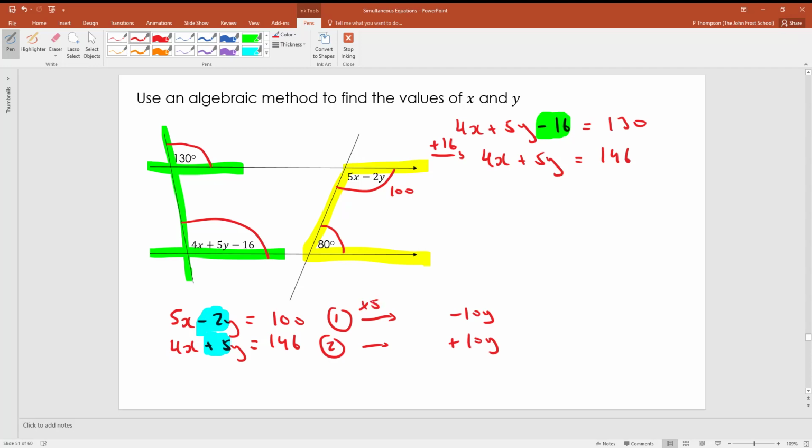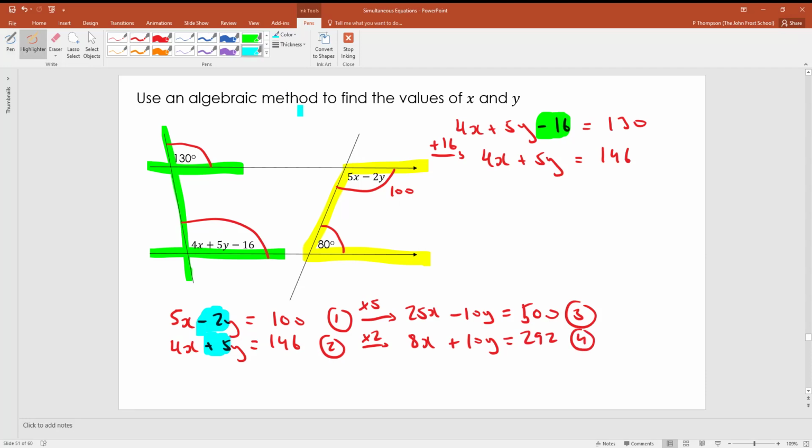Times the top one by 5, because 2 times 5 is 10. So 25x minus 10y is 500, sorry, call that equation 3. This one, 5 times 2 is 10. So 8x plus 10y would be 292.